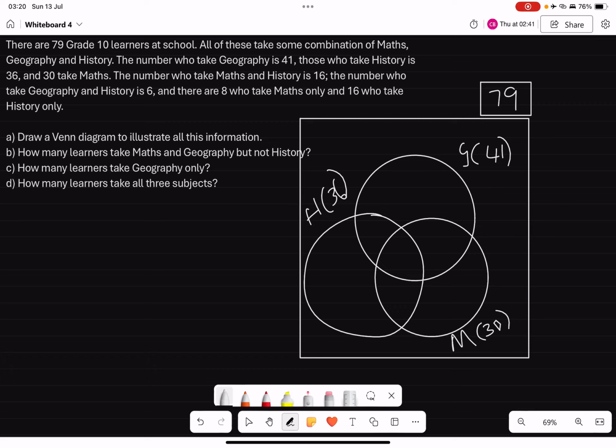They say the number who take maths and history is 16. Maths and history is where these two circles meet, which is there. Which means this plus that is 16. But do we have a number of learners who take all three subjects?